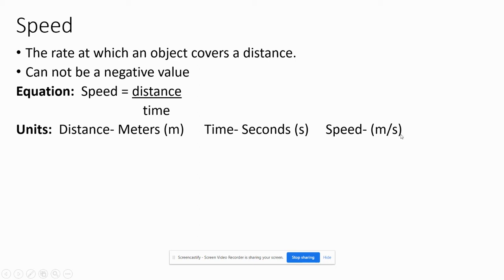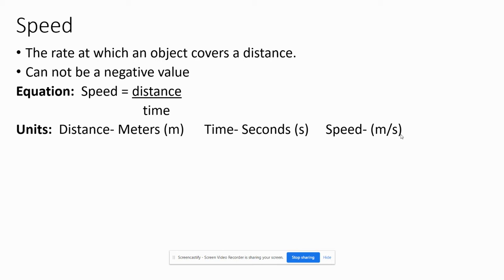So it's important to know that not only is this the standard unit, you might say, well, I've seen speed in different units than meters per second, which is true. You might see kilometers per hour or miles per hour or even inches per minute. Whatever distance and time unit you pick, that's what speed will be reported in.